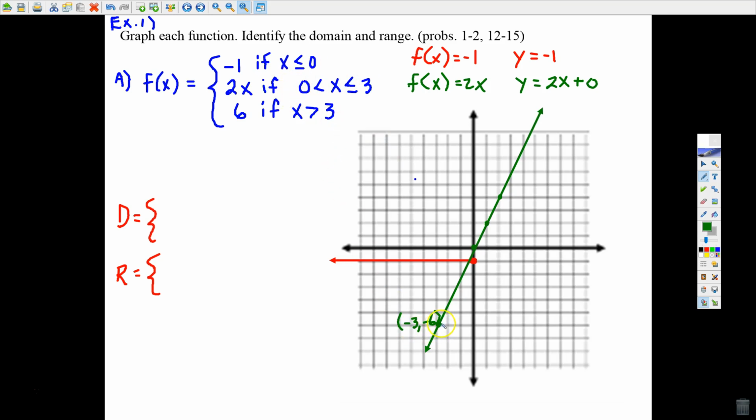Therefore, this point cannot be represented as being part of the line. I can only have x coordinates on this line that match the way they're being described in this function. Okay, so I hope you can see after doing our previous example that we're going to have to chop some of this line off.